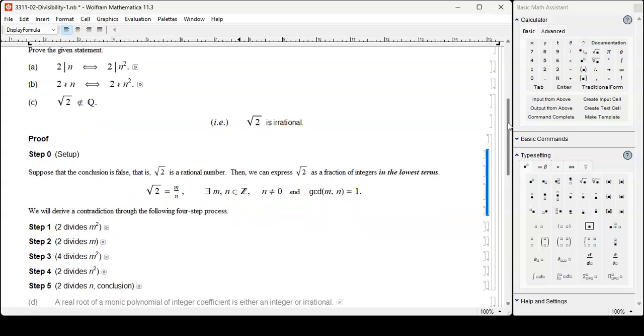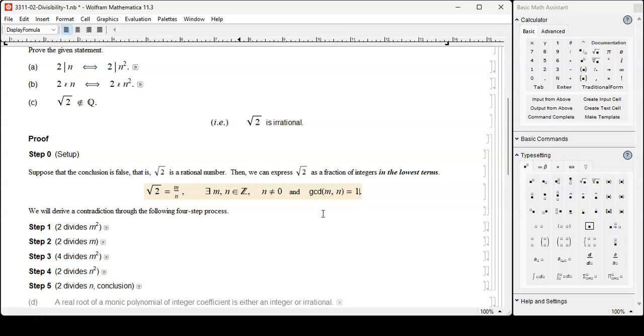Assume square root of 2 is a rational number and express it as an integer over integer, and the denominator, of course, is non-zero. Moreover, let's assume this is as simplified as possible, so the numerator and denominator do not have any common factor anymore, so they are relatively prime.